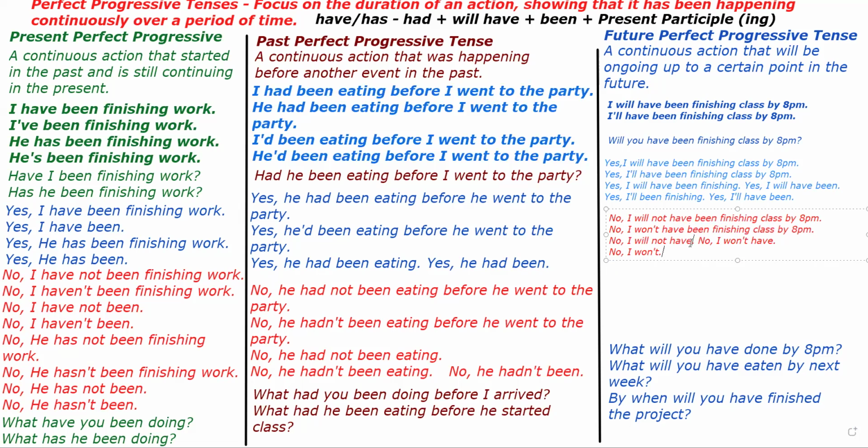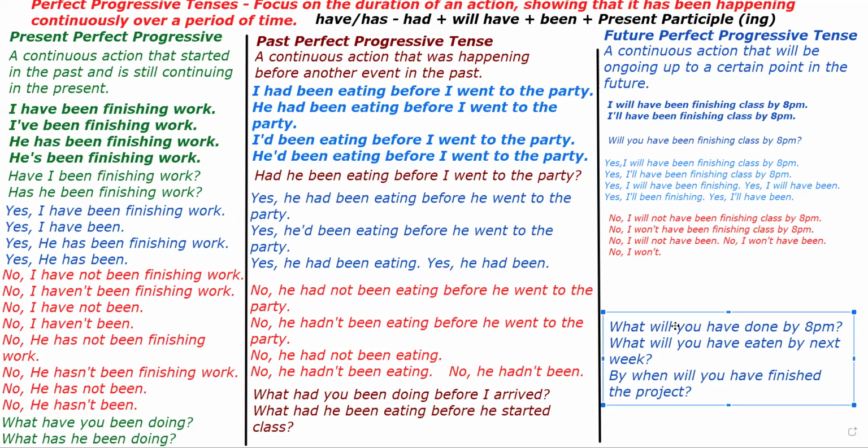I will not have been finishing. Or no, I won't have been. Yeah, you can say I will not have been finishing, but you can say no, I won't. Oh no, just very short. No, I won't.